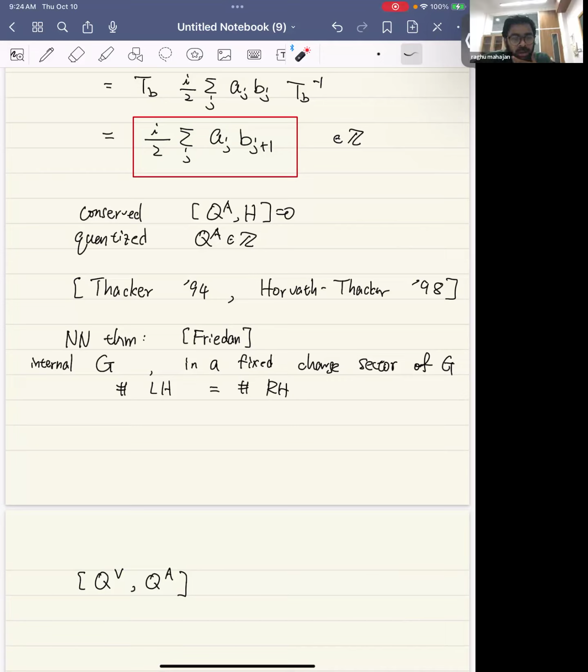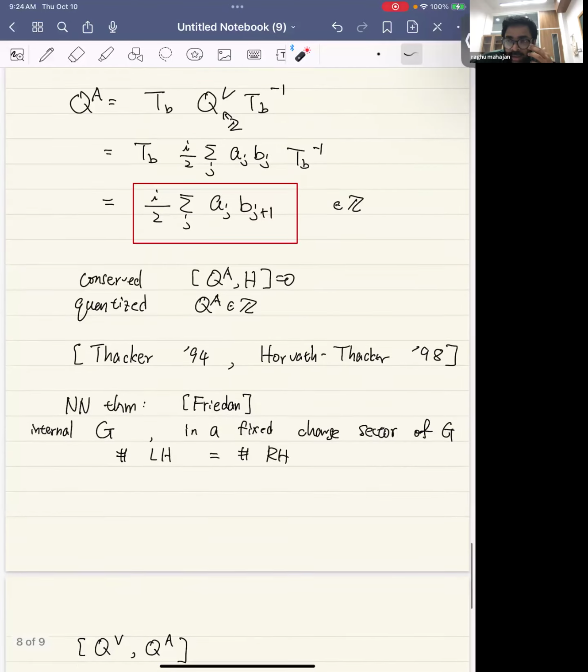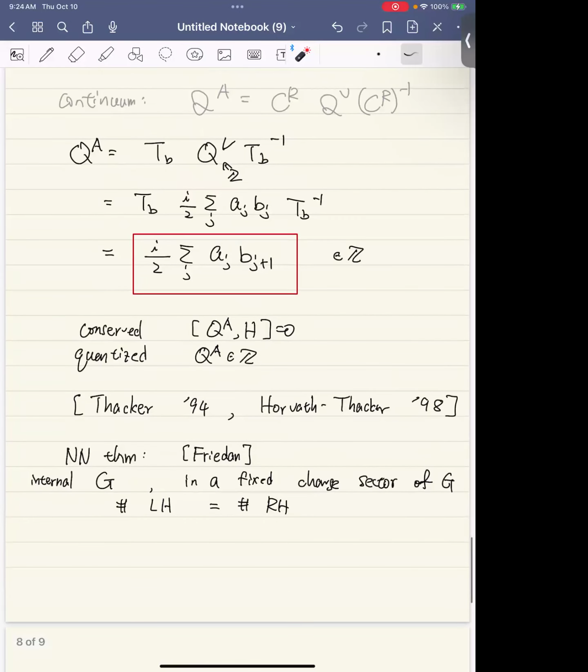Sorry, and in applying it to this current setup, you're using G equals vector and axial. If those charges commuted, then your symmetry would be U(1)V times U(1)A, and then I restrict. Yeah, if they had commuted, I take G to be U(1)V times U(1)A.